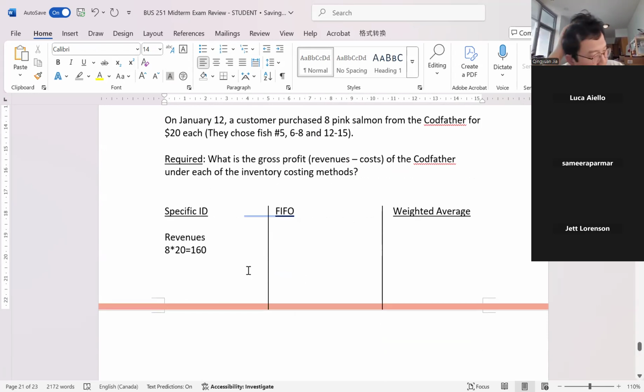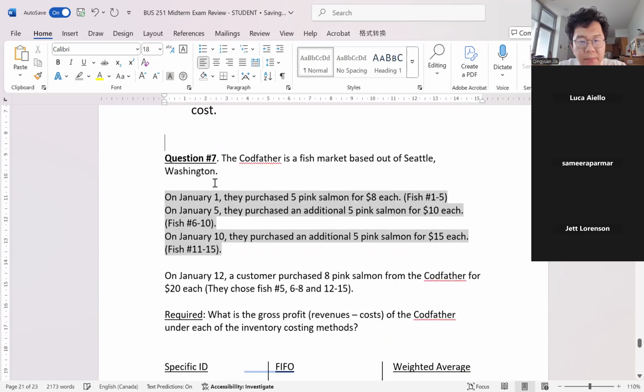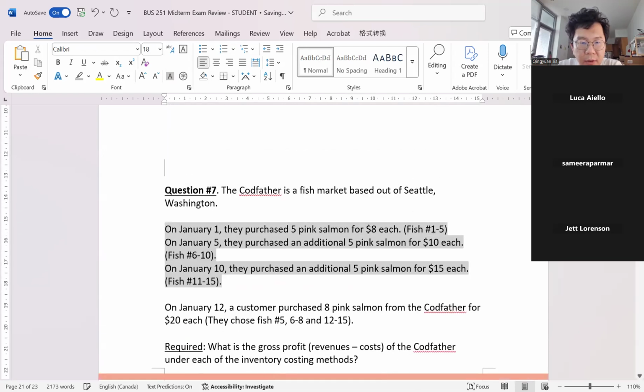And the cost. So what is the cost we have? Let's move to the next page.